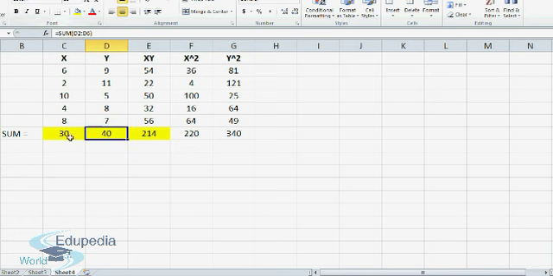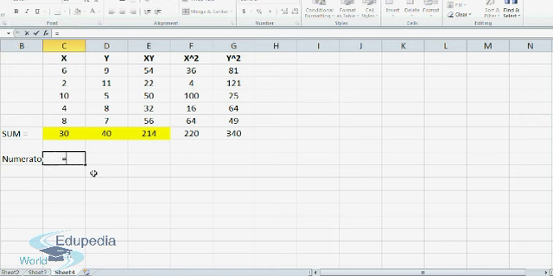So these are the numerator. Let me calculate the numerator here. Numerator you will have n, which is 5 in our case, multiplied by this number here, summation xi yi, minus the number here into the number here.